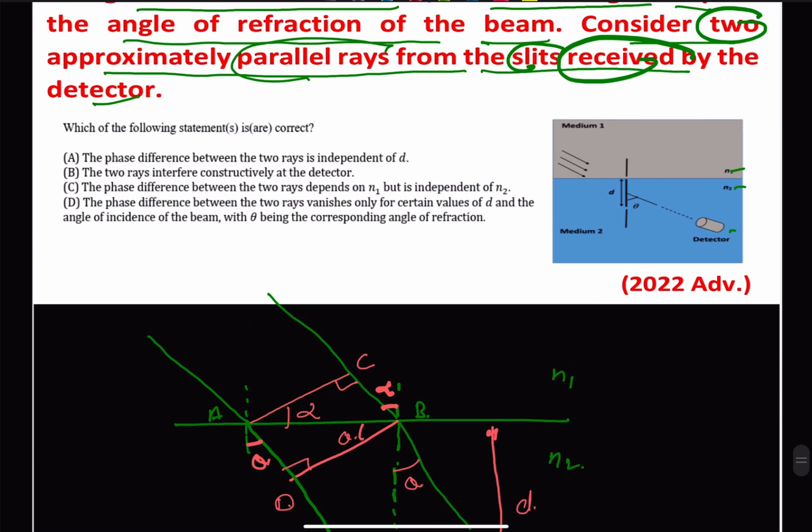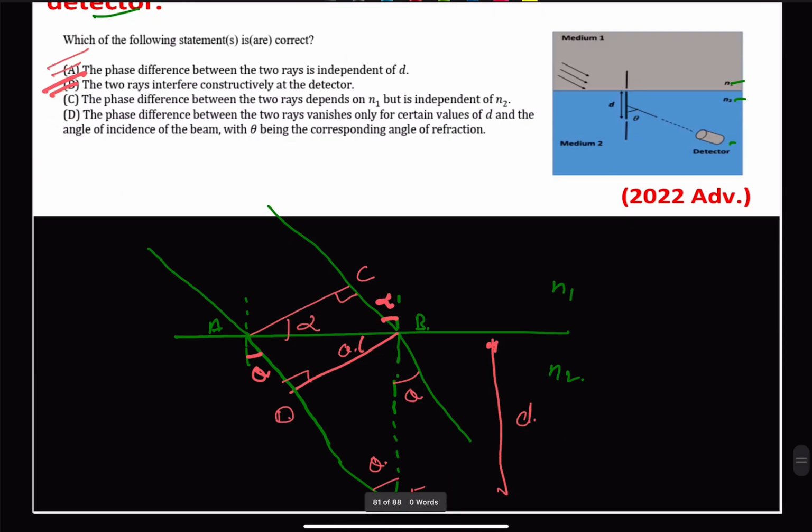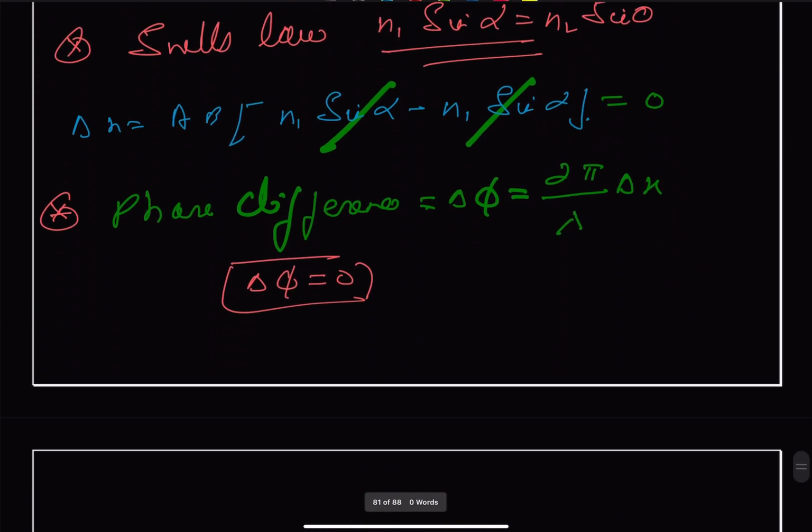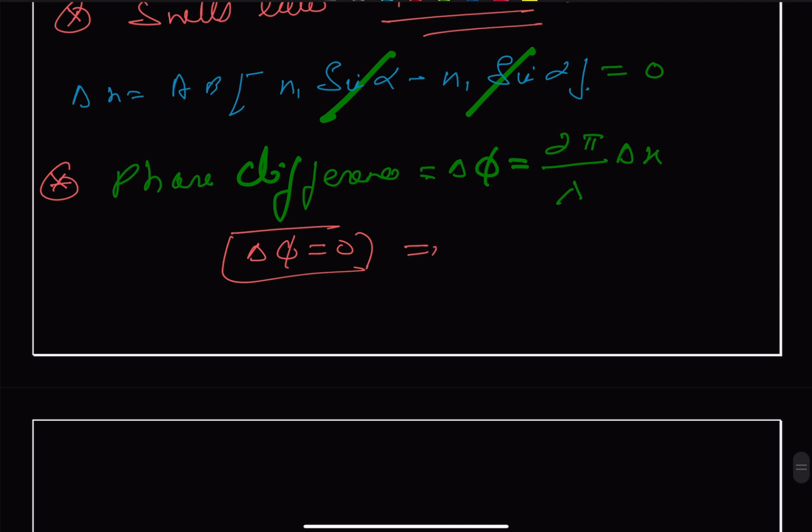So we can say that our phase difference is independent of d. Option number A is correct. And the two rays interfere constructively at the detector because the phase difference is 0. So there will be constructive interference. So option numbers A and B are correct.